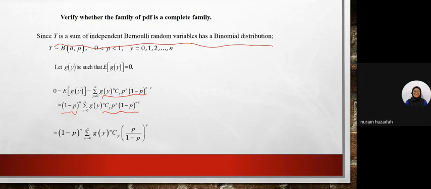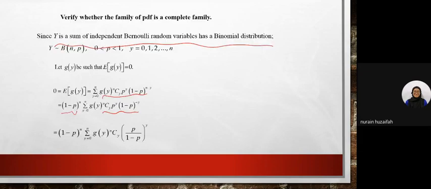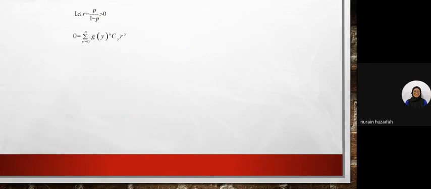To make it simpler, we define another variable. Let's say r is equal to p over 1 minus p. So we replace, and you have g(y) n choose y, r to the power y.